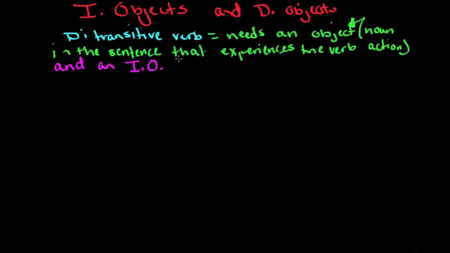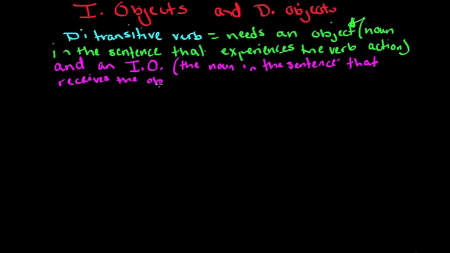An indirect object is the noun, or sometimes pronoun, in the sentence that receives the object, or benefits from the action.